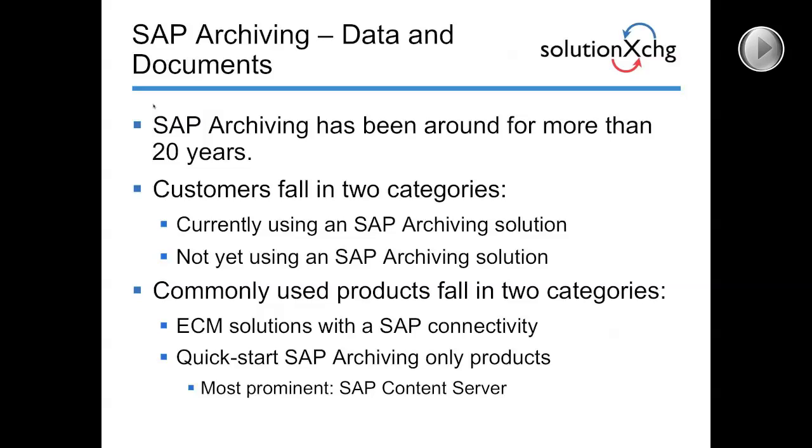And within these two categories, there is two categories of products. There is the standard ECM Enterprise Content Management solution with SAP connectivity, the large solution like FileNet, Documentum, OpenText in its complete solution portfolio.